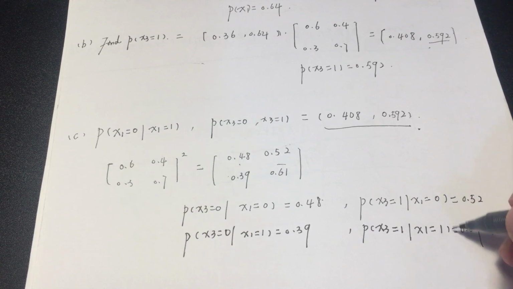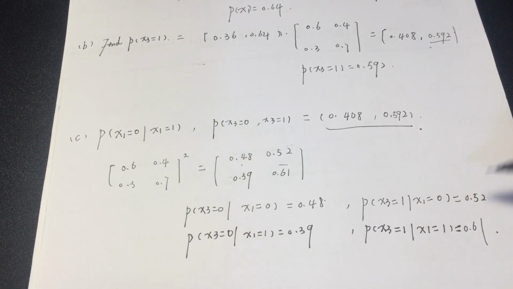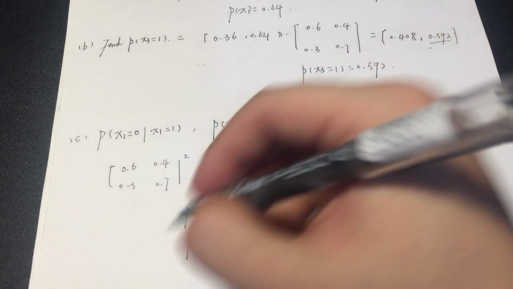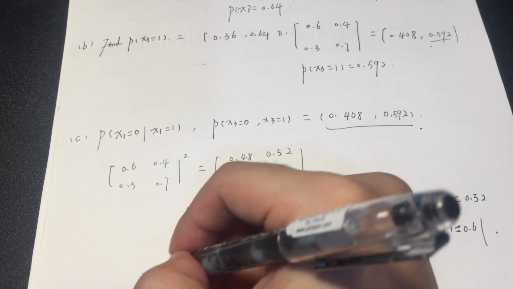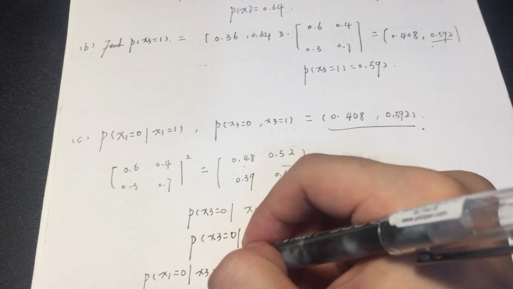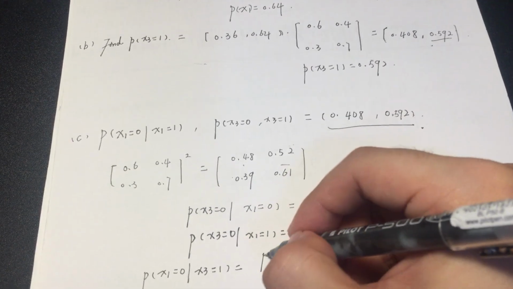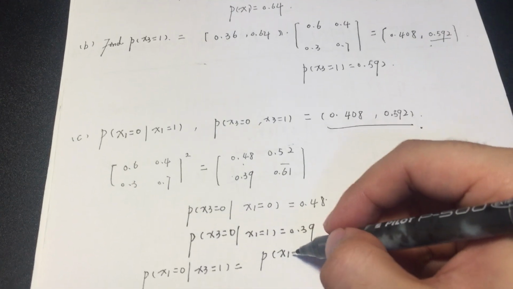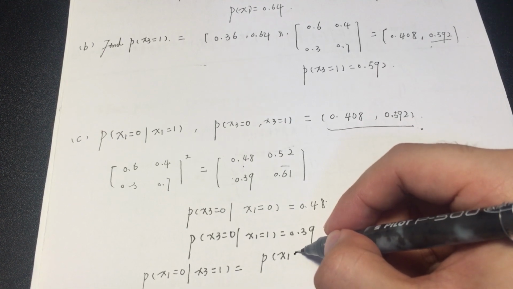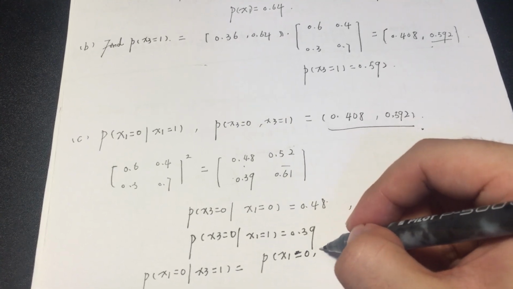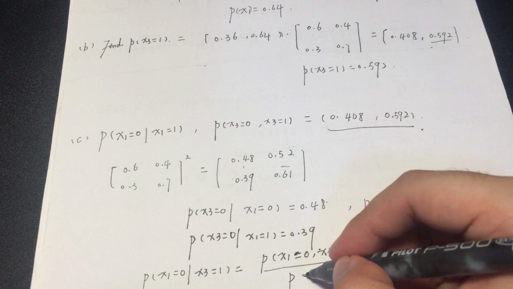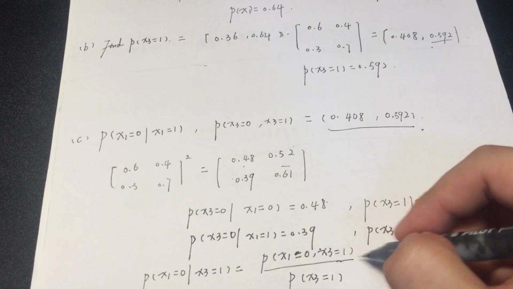So we can use the conditional probability equation to calculate the result of this question. We can just write the statement. We can write it as the joint probability of x1 equals 0 and x3 equals 1, over P(x3 = 1).